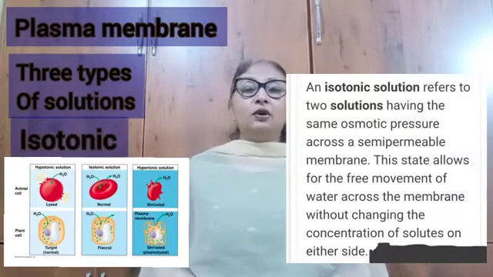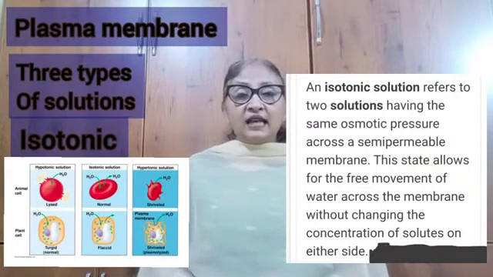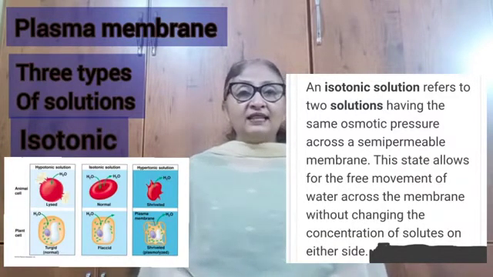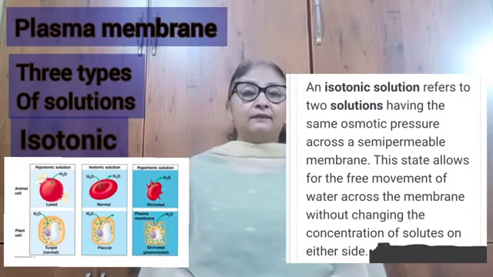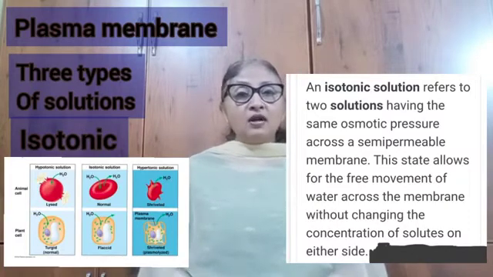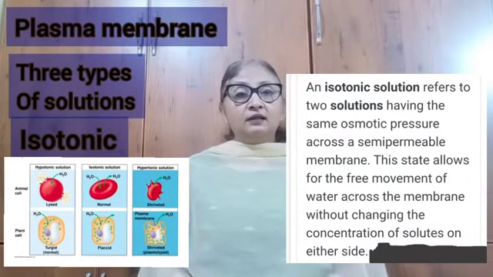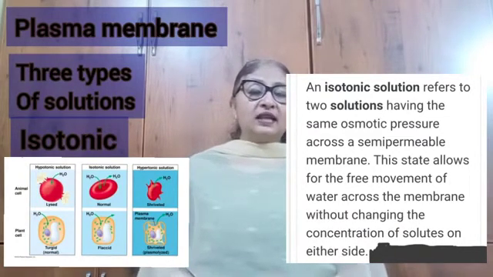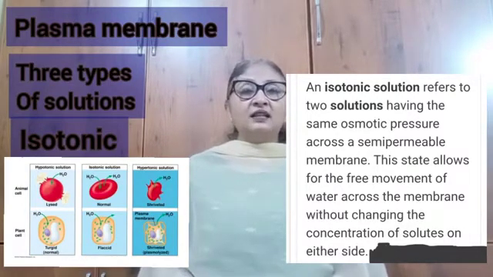Next, let us move on to isotonic solution. In such a solution, if we place a cell, there is no change in the shape of the cell because the concentration of the water inside and outside is the same. So the net result is that there is no movement across the cell, inside to outside.